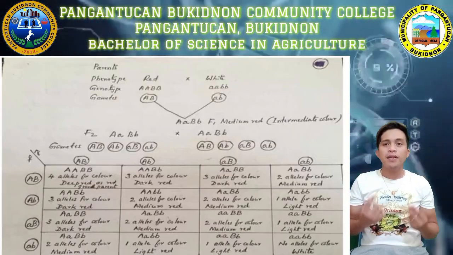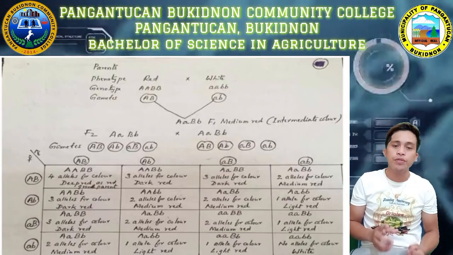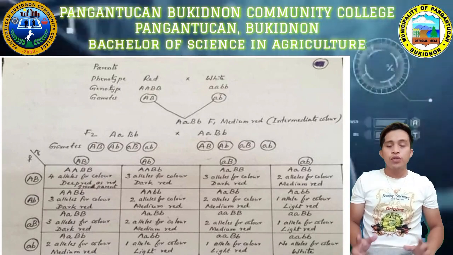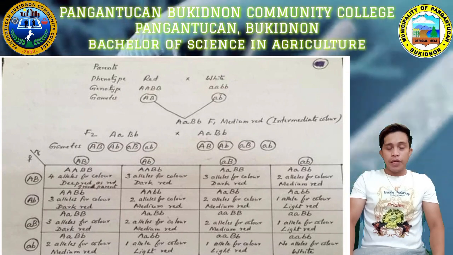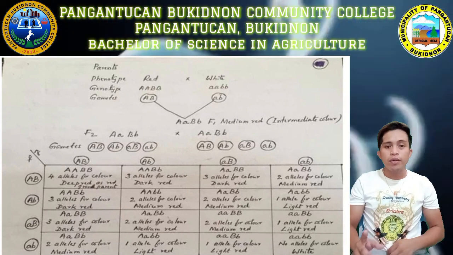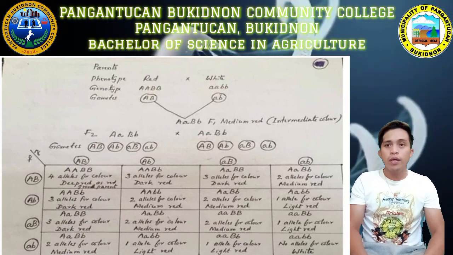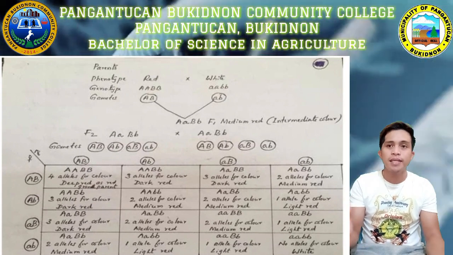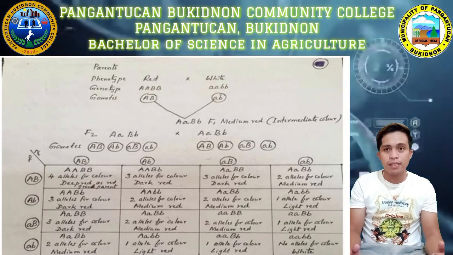So in the Punnett square, the F1 heterozygous or the hybrids in all crosses showed a lighter red kernel color, known as an intermediate color. Then the homozygous, or the red kernel colored parents.